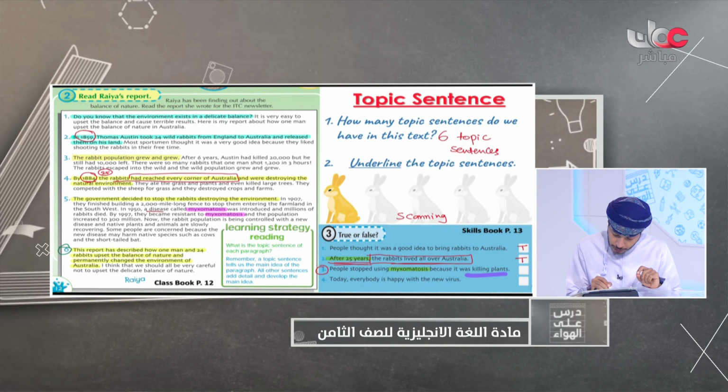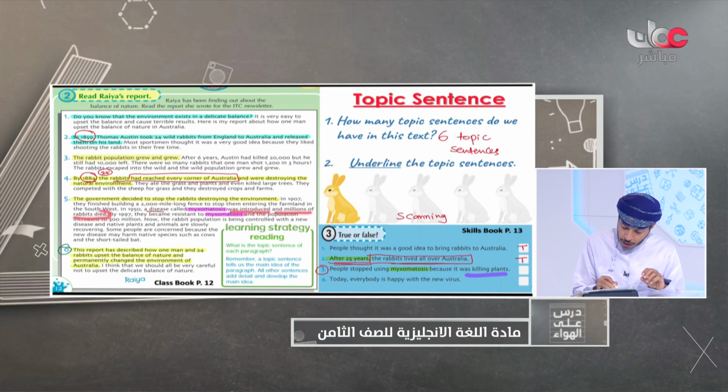So a disease, it's written like this. In 1950, a disease called myxomatosis was introduced, and millions of rabbits died. Okay, so it killed rabbits, not plants. Very good.